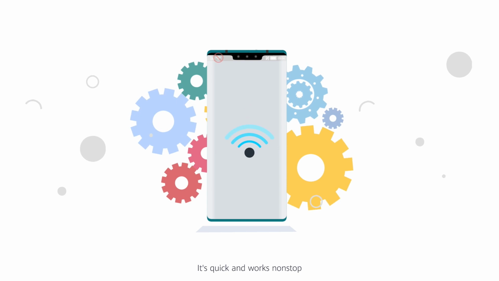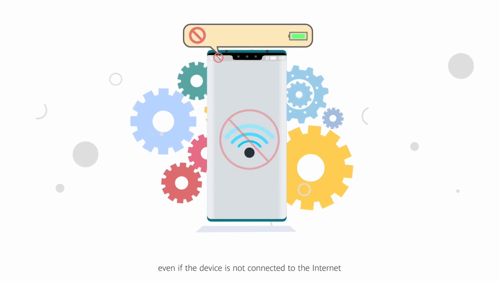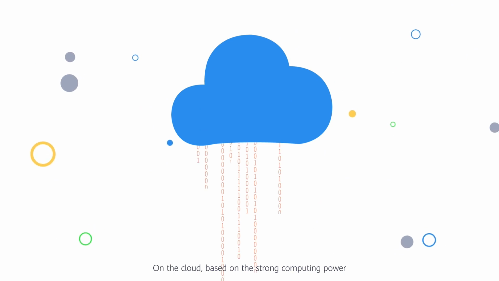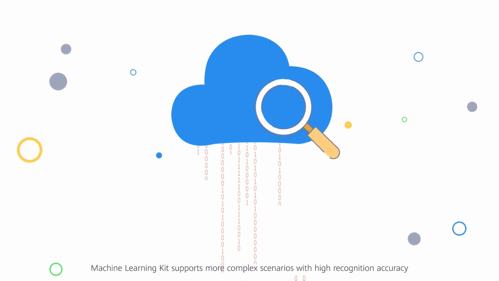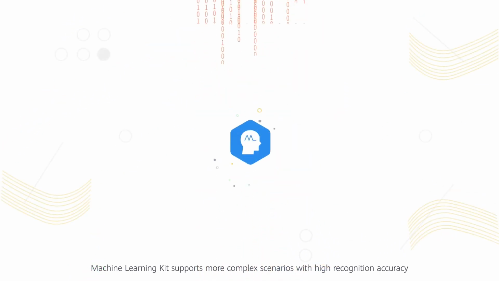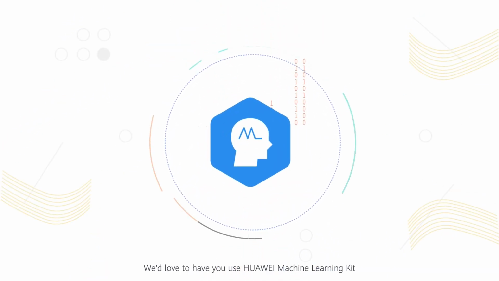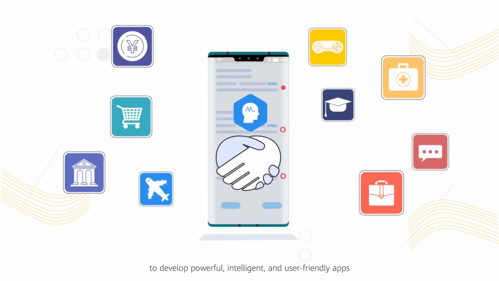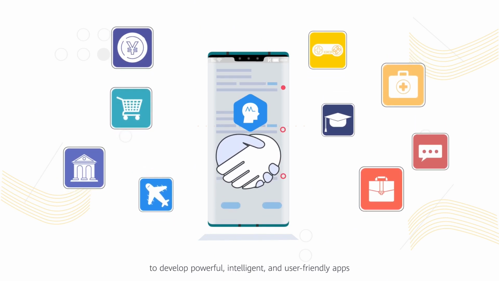It's quick and works non-stop even if the device is not connected to the internet. On the cloud, based on the strong computing power, Machine Learning Kit supports more complex scenarios with high recognition accuracy. We'd love to have you use Huawei Machine Learning Kit to develop powerful, intelligent, and user-friendly apps.